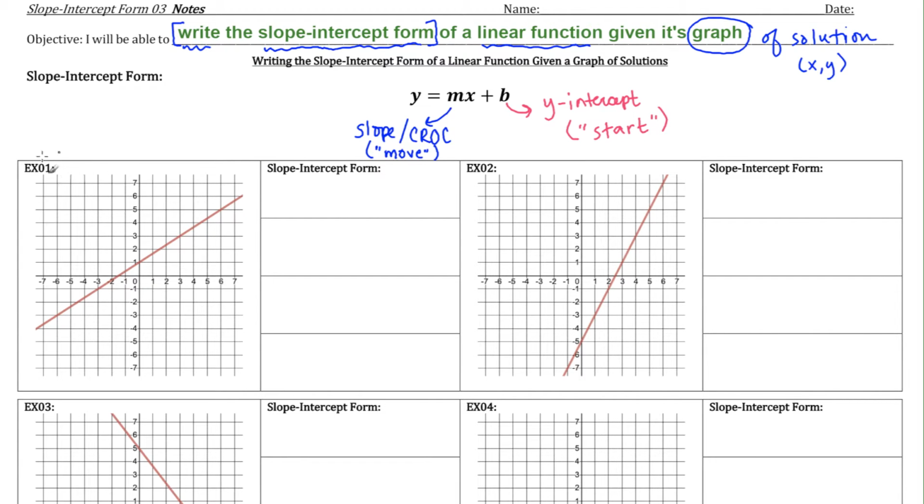Well, the y-intercept on example 1, remember, these are a bunch of dots. So let's find the one where we start, which is right here. So this is 0, comma 1. And so for your equation, start off y equals, and since this is a positive one, at the end you're going to put plus 1.